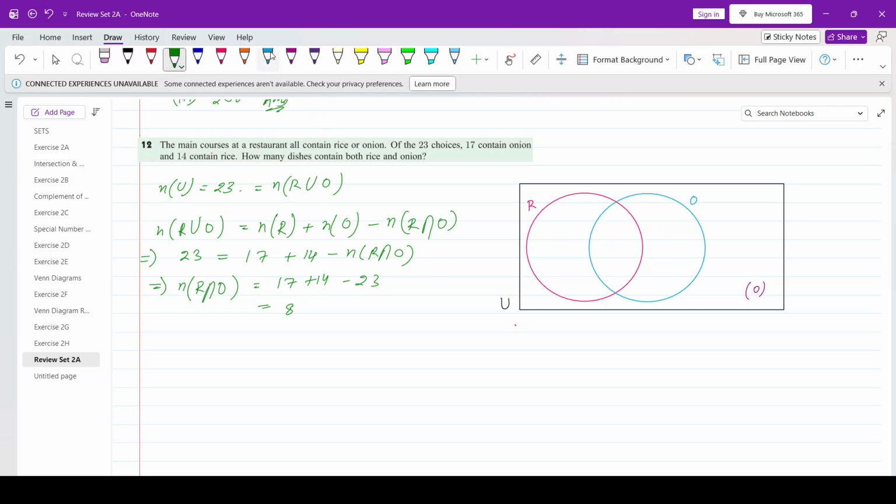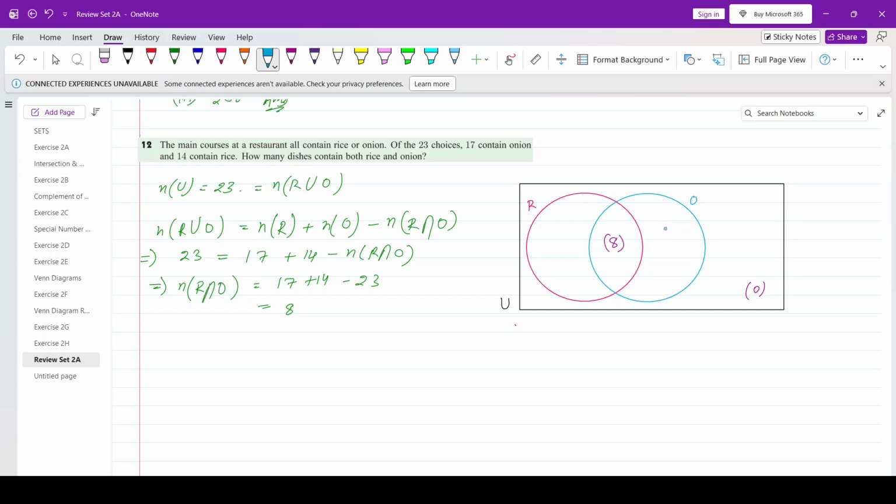So this region here contains 8 dishes. We know there are 17 containing onion. So 17 contain onion, out of which 8 we have already written.